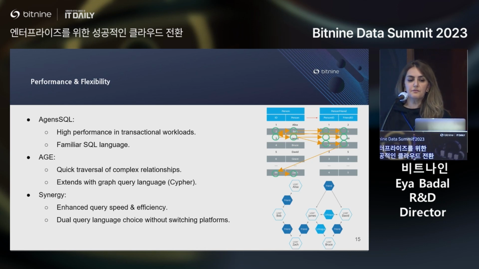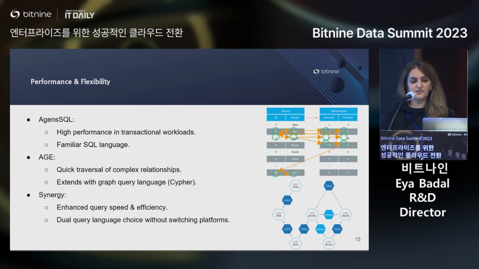Now, when it comes to performance and flexibility, starting with AgensSQL, we witness high performance in transactional workloads. It's designed for quick data retrieval and updates, essential for applications requiring instant responsiveness.